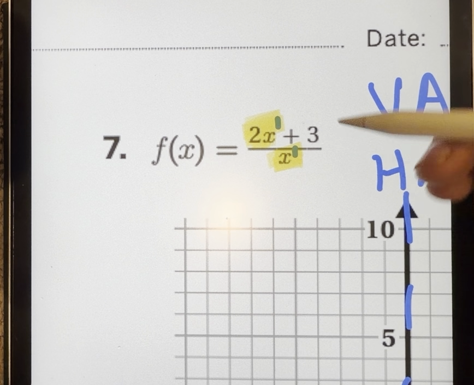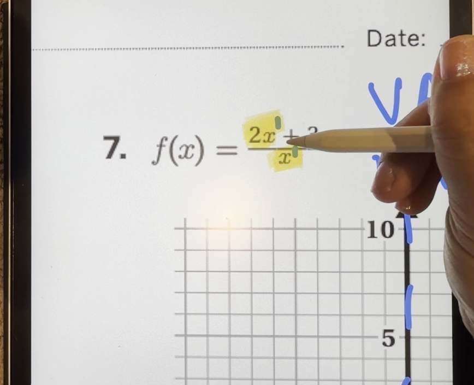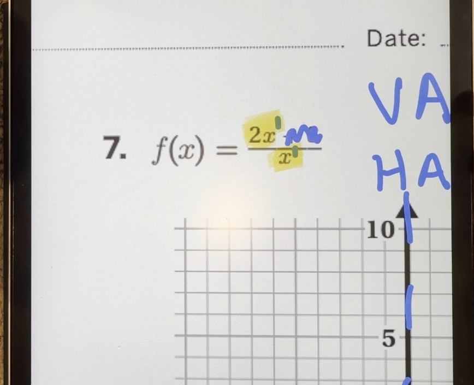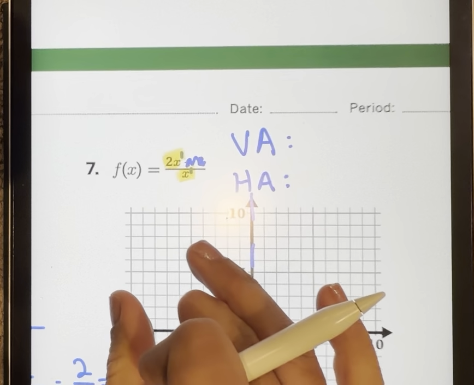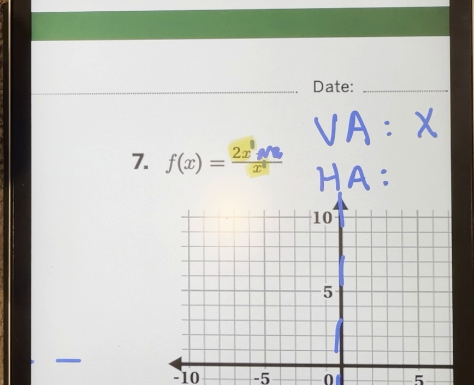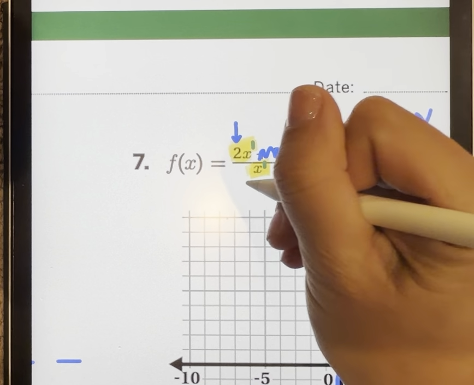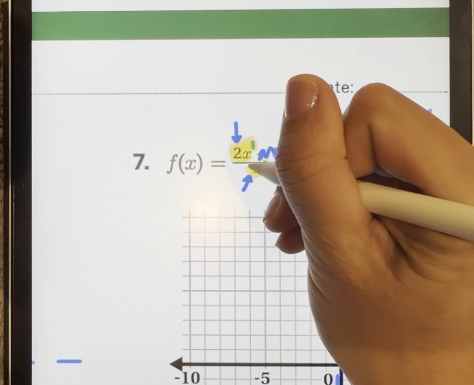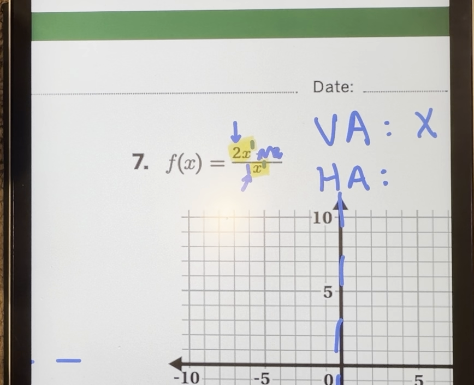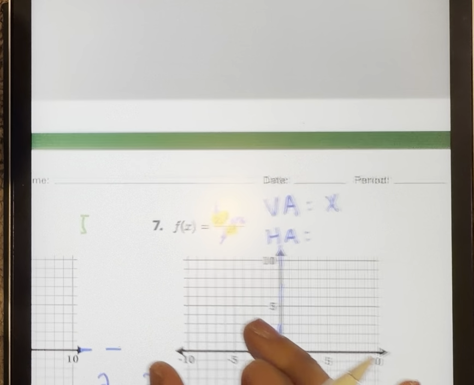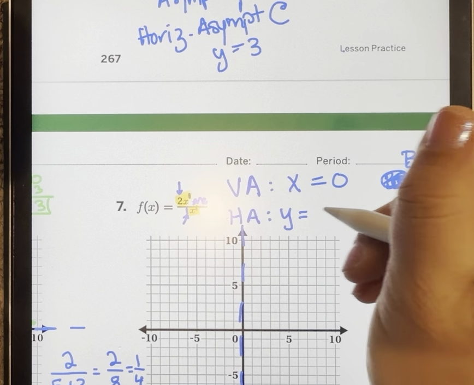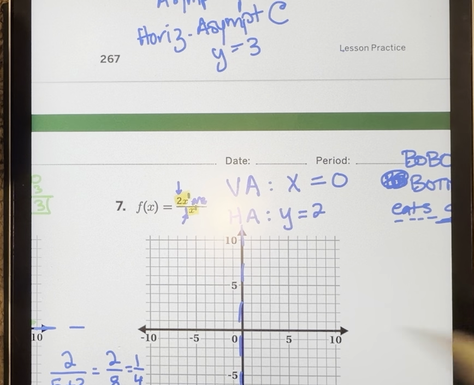We don't care about any other stuff like this when it comes to the horizontal asymptote. And so since the exponents are the same, Bobo says DC, divide coefficients. The coefficient of the top is the 2. The coefficient of the bottom is the invisible 1 that's in front of x. So the horizontal asymptote is y equals 2. 2 divided by 1 is 2.